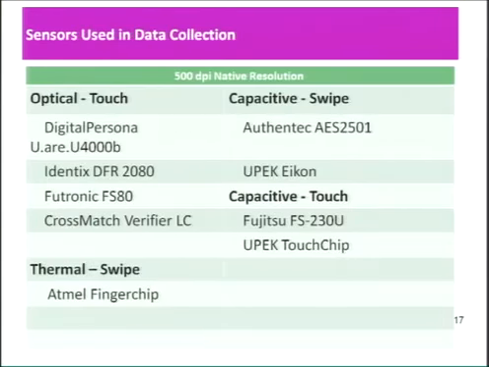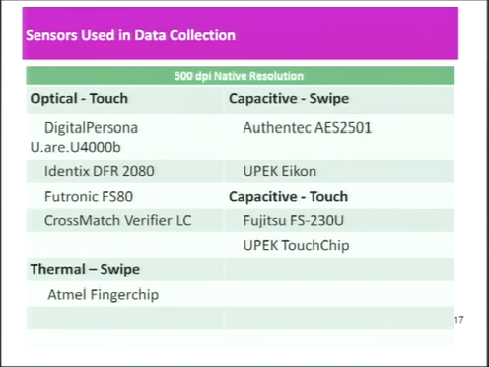So, like I mentioned before, there were 9 different fingerprint sensors that were used in this research, and all the fingerprint sensors provided images that were 500 dpi resolution. This was a decision that was made to create a baseline for all the fingerprint images. There were four sensors that were of optical touch type.